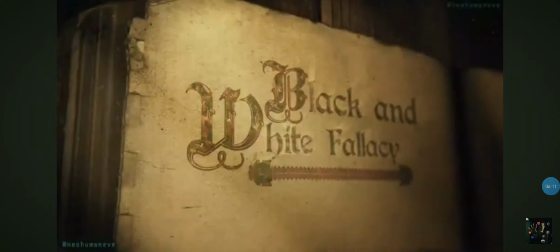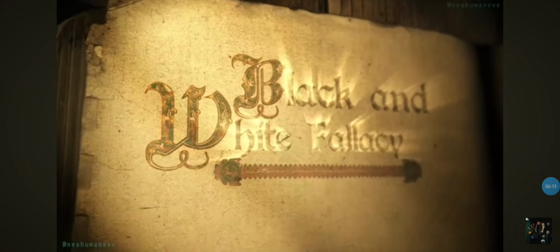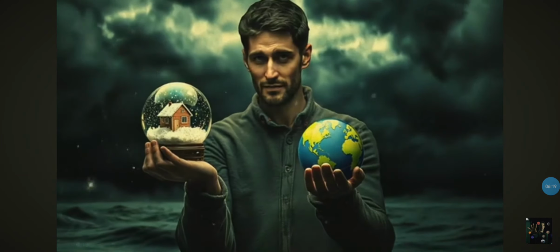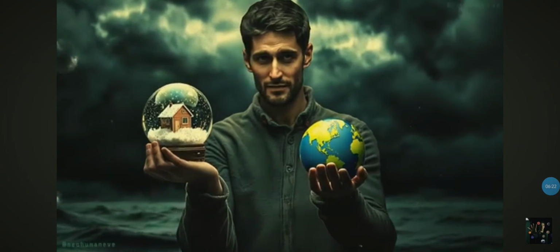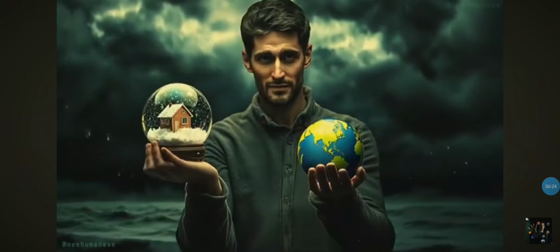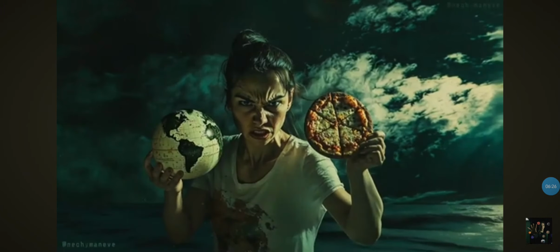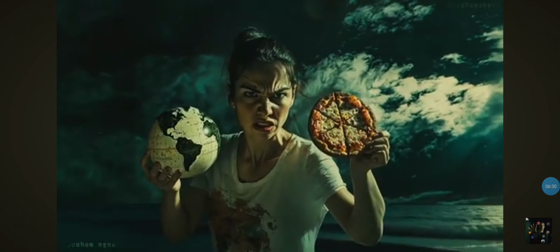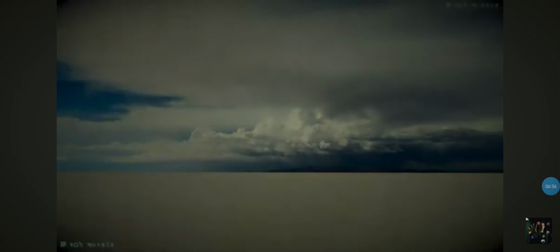Number 7. The black and white fallacy. This fallacy, also known as the false dilemma, occurs when two options are presented as the only possible outcomes, ignoring other viable alternatives. For example, it might be argued that the Earth must either be a sphere or a level plane with an edge. This black and white thinking disregards other possibilities, such as an infinite plane or an enclosed dome.